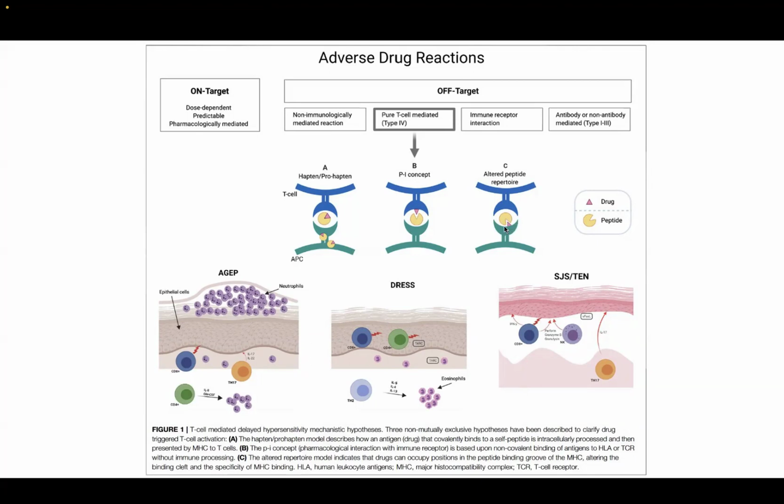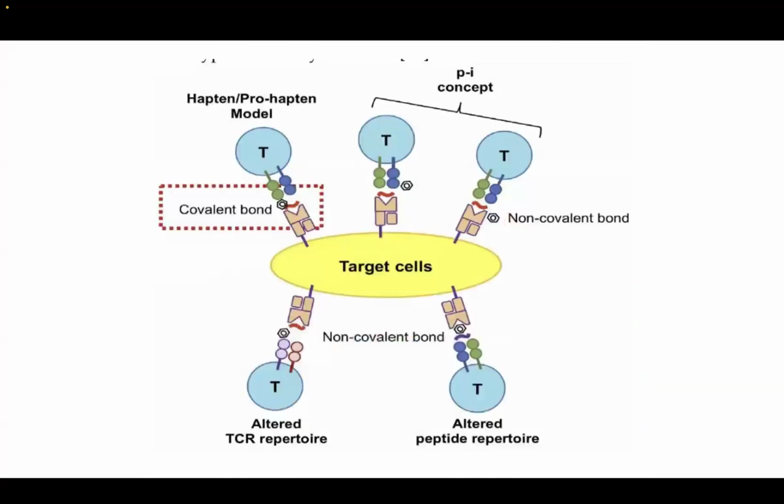And this will result in increasing the affinity of the T cell and increase the severity of the subsequent reaction. I'll try to simplify that as much as I can. So this is the PI concept, which is a non-covalent bond of the drug to the HLA receptor, or maybe to the T cell receptor as well.